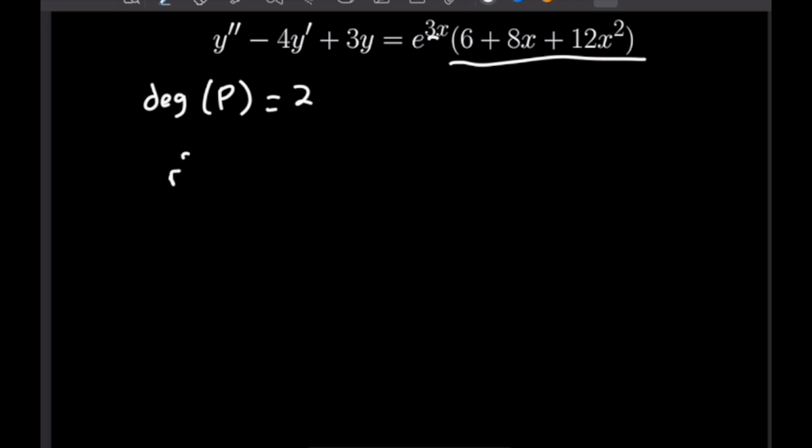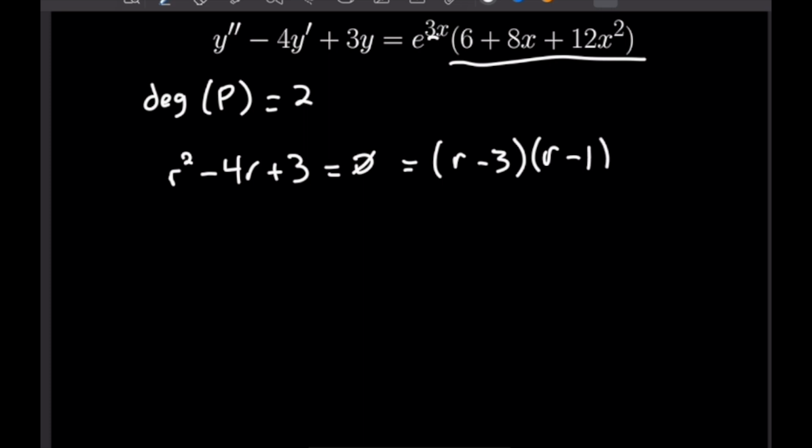So we have r squared minus 4r plus 3 is equal to 0. But that's, of course, factoring to r minus 3 and r minus 1, which gives us the roots r equals 3 and 1, which means we have one shared root.